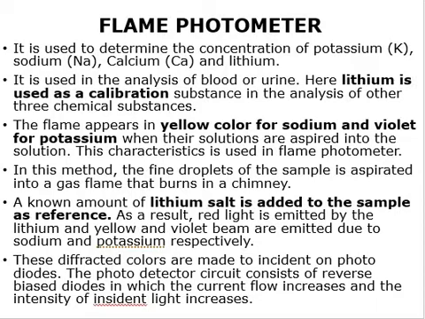There should not be any other color content in the flame. If there is any color apart from red, then the system has to be cleaned, and again we have to add the lithium salt and perform the calibration.